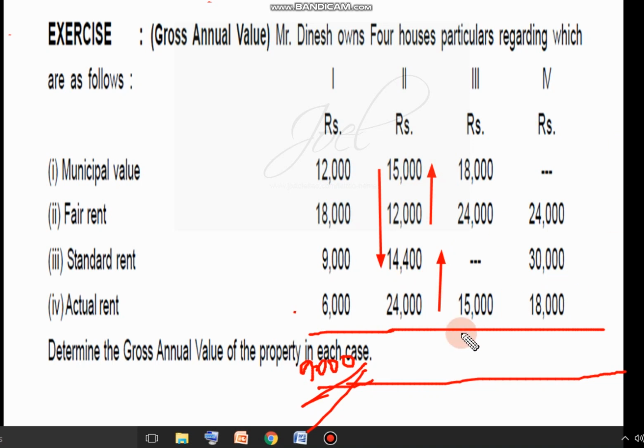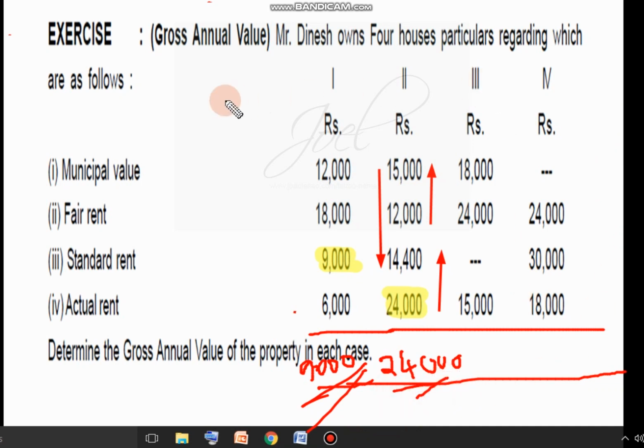So 24,000 is the answer for the second house property. So here our answer was 9,000, here it is 24,000. These are the things which you have to remember.